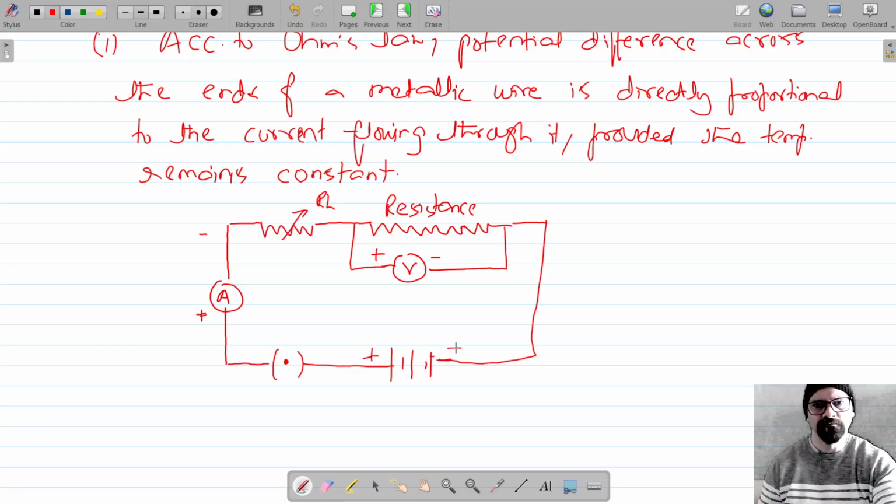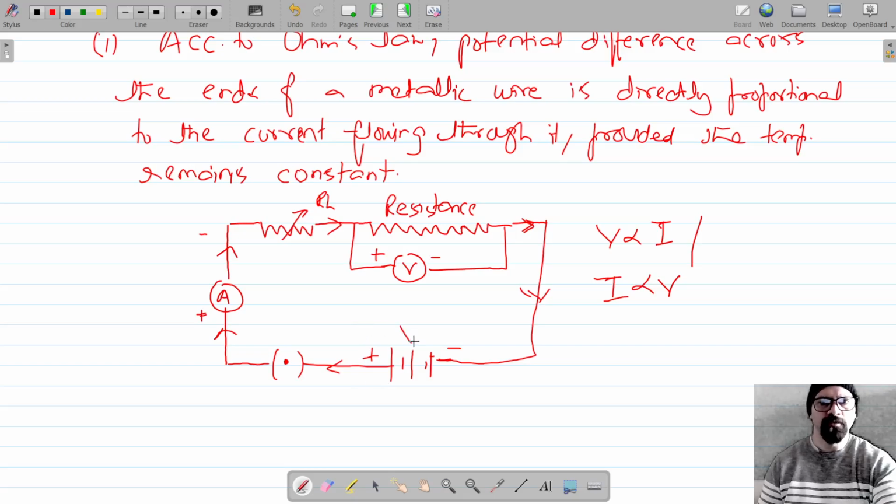And the current flows in this direction from positive to negative. So more is the potential difference, more is the current. So V is directly proportional to I, or we can say that I is directly proportional to V. More is the potential difference, more is the current that flows.